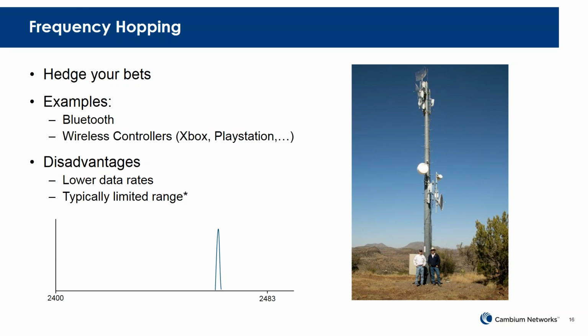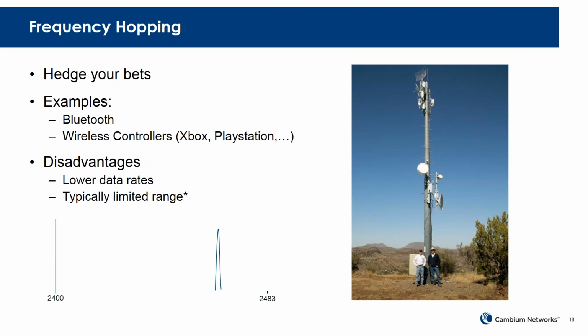Some disadvantages of Bluetooth, though, are lower data rates because we're not using that really wide channel. We're using a very narrow channel. The throughput's extremely limited. In fact, I think with the latest standard of Bluetooth, the theoretical maximum limit is 50 megabits, where with Wi-Fi, we're well into the gigabits now. So much less throughput.